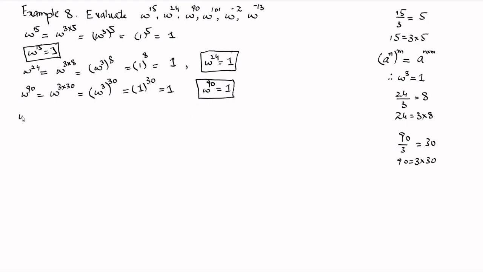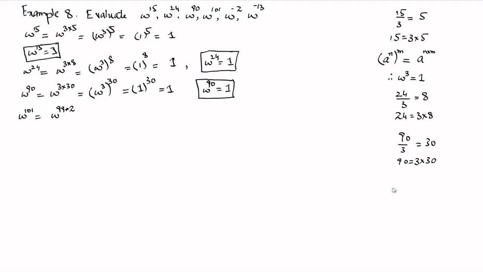Now let's consider omega raised to the power 101. Now 101 is not divisible by 3. So we will write it as a sum of two numbers in which one of the numbers is divisible by 3. So those two numbers will be omega raised to the power 99 plus 2.